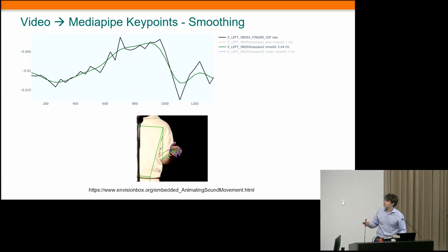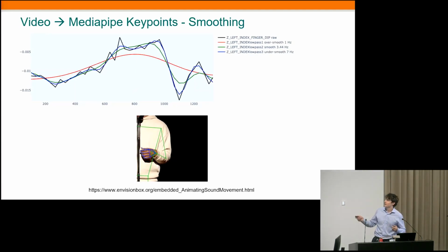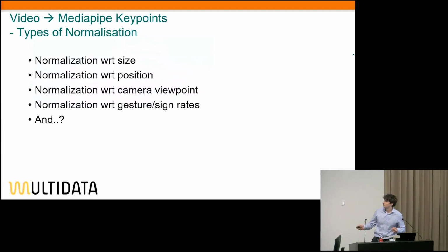Of course, there's a pitfall to smoothing, as with any signal processing you apply: either over-smoothing, so your movements get really delayed, or under-smoothing, so you still have a lot of noise in the data. That was the smoothing part.